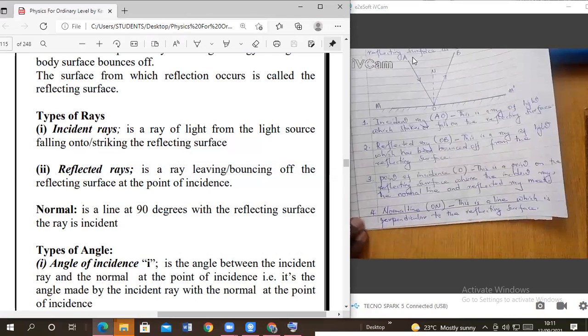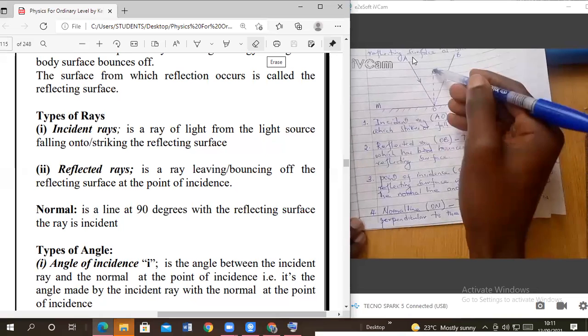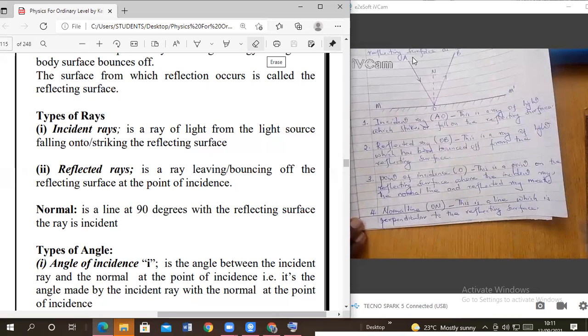Are we together? Yes. Good. So a normal line is a line which is perpendicular to the reflecting surface.